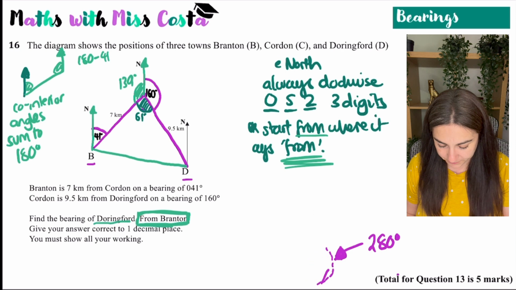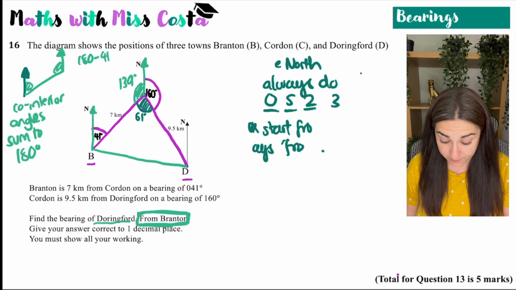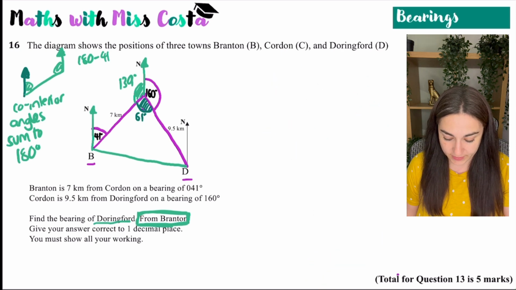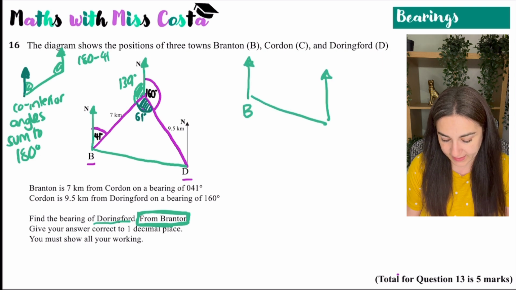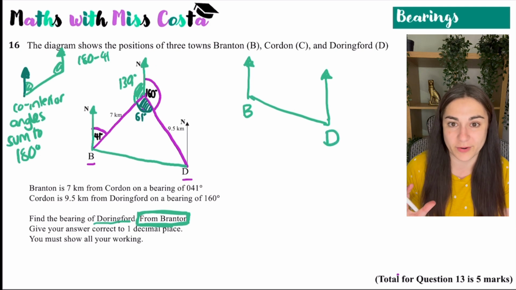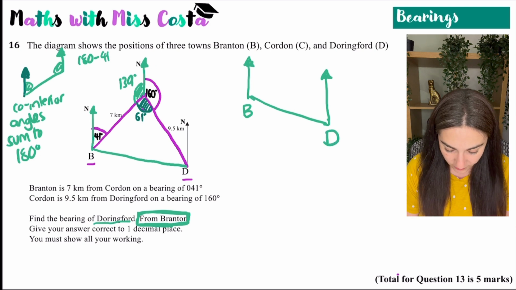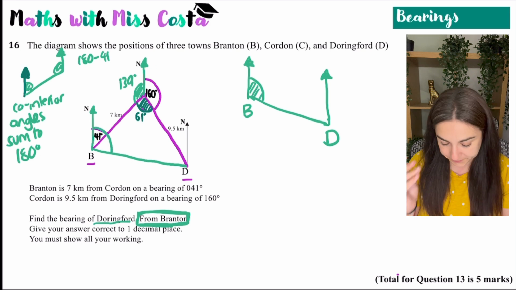Essentially what is happening is this is the bearing that I need to work out. So I'll just draw it separately here. So this is Branton, and this is Dorringford. Okay, and this is what it would look like if it was just one bearing. And I need to work out this angle here, which would be all of this.